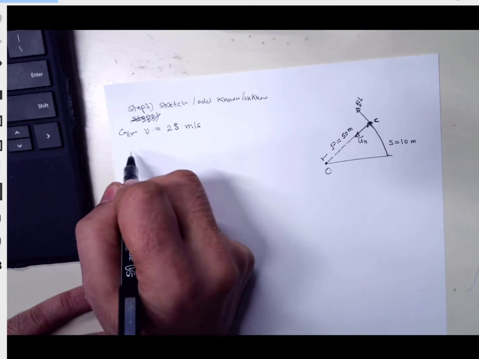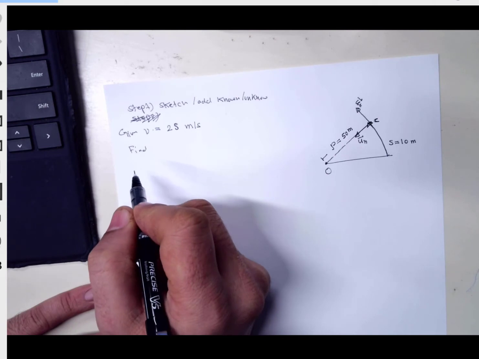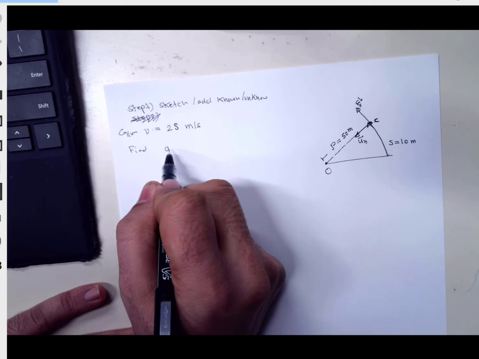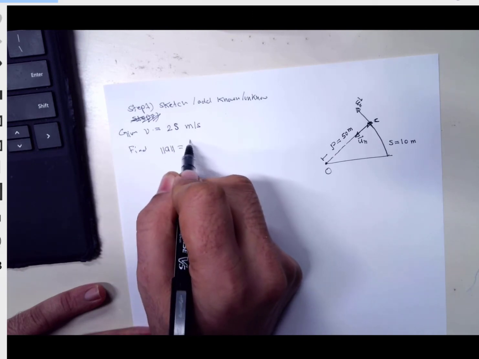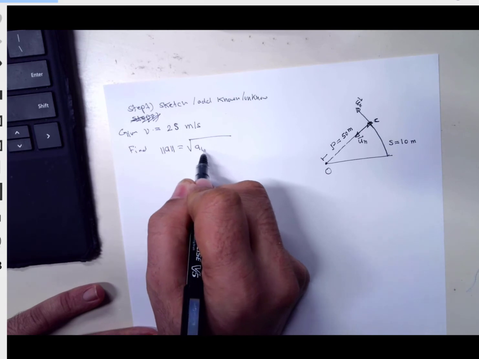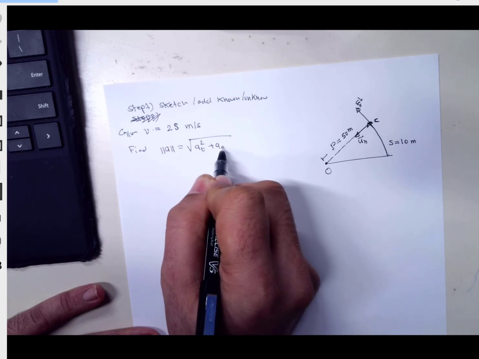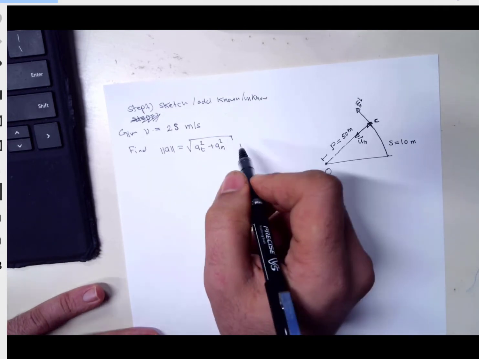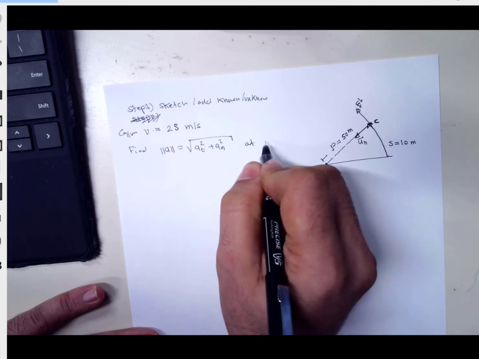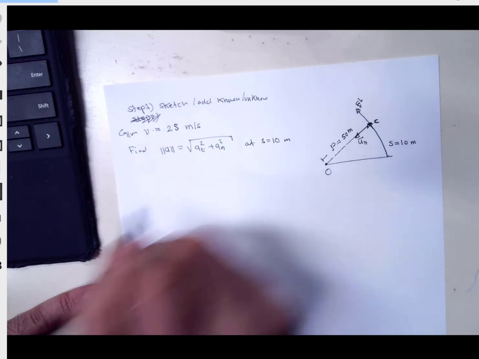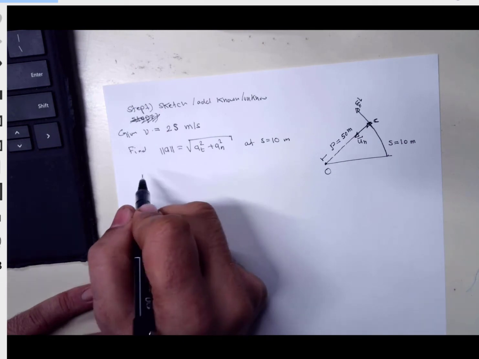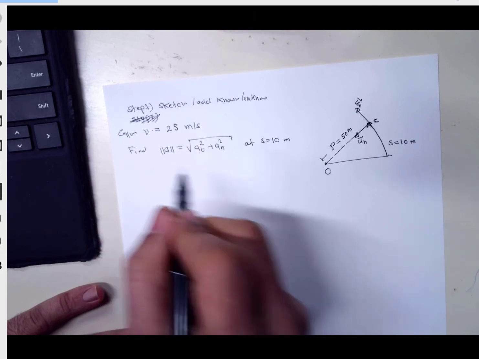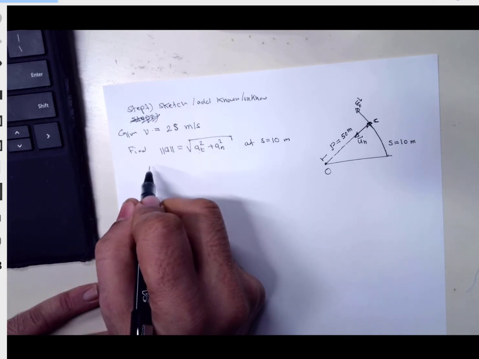Find, first, the magnitude of the car's acceleration, which we know is equal to the square root of the summation of the squares of their components, at s equal to 10 meters. So the first thing, I need to know a_t and a_n, and I'm given v equal to 2s. So we'll start with that.